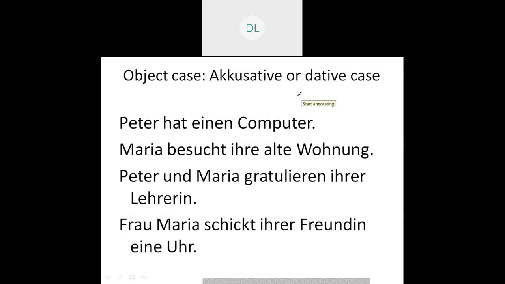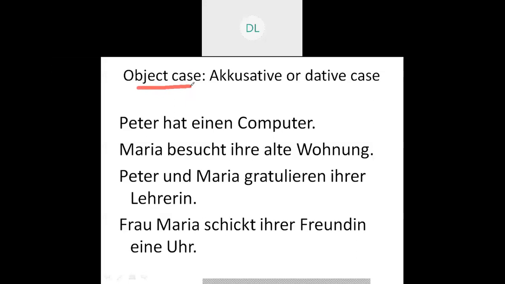That is masculine der, feminine die, das neutral, and die plural. That is the table I'll be using for the subject case. But now for the object, I have accusative and dative. So when accusative I will be using, when dative I'll be using, we'll be discussing now.